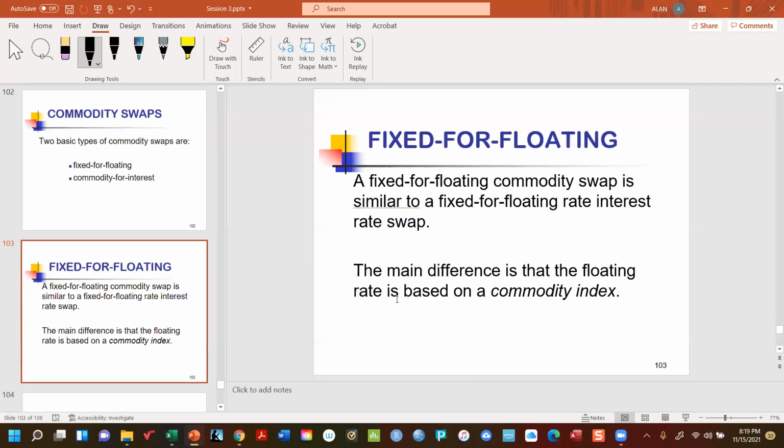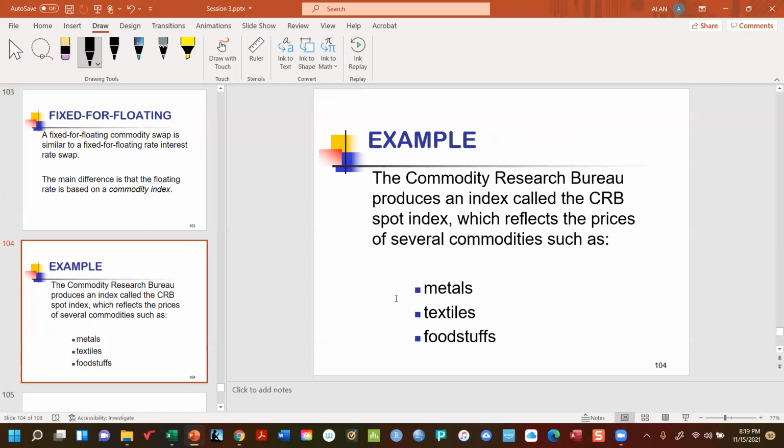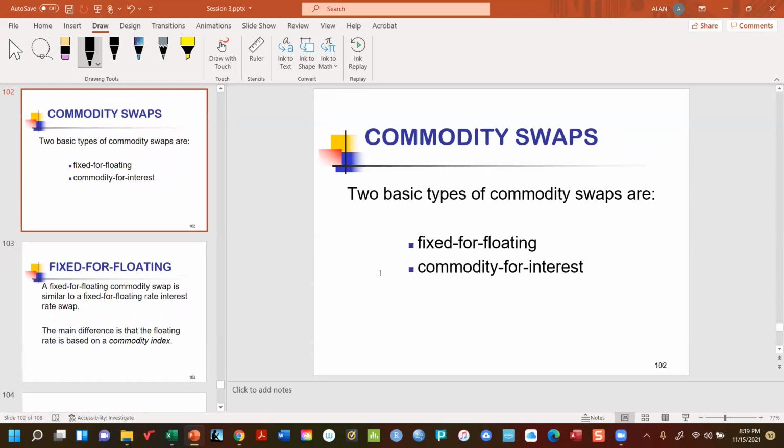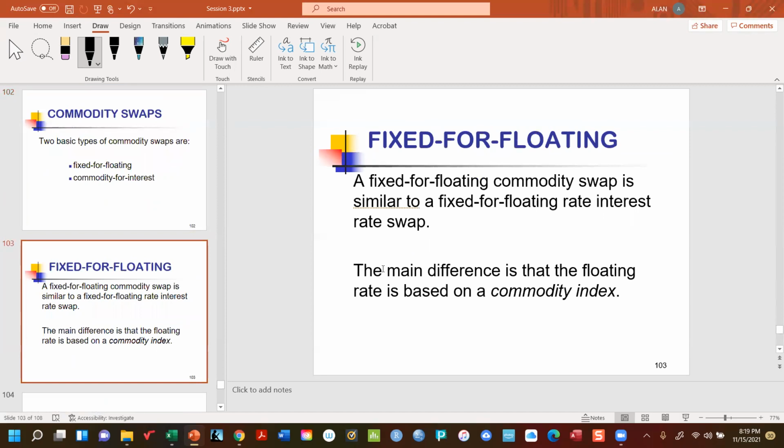The Commodity Research Bureau produces an index called the CRB Spot Index, which includes the prices of many different commodities, like metals and textiles and foodstuffs. So a fixed for floating commodity swap is similar to a fixed for floating rate interest rate swap, except the floating rate is tied to the commodity index rather than LIBOR.